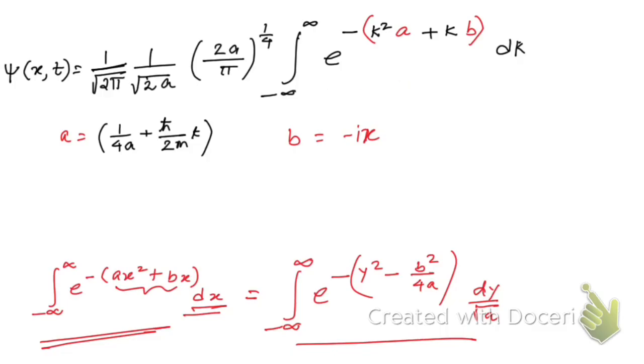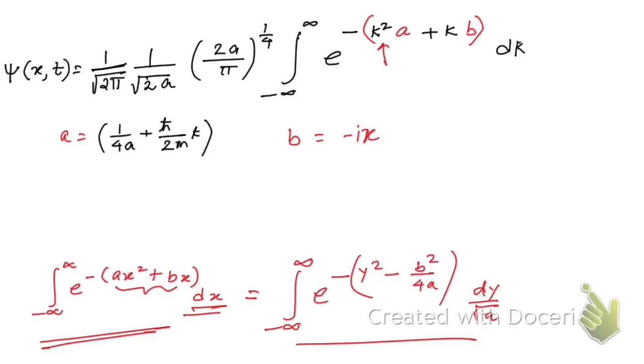Here you see, instead of x square we have k square here, and instead of x we have k here. That is the only difference. As we had dx here we have dk. That's it, right? So that's why what we can do, we can write this integral.